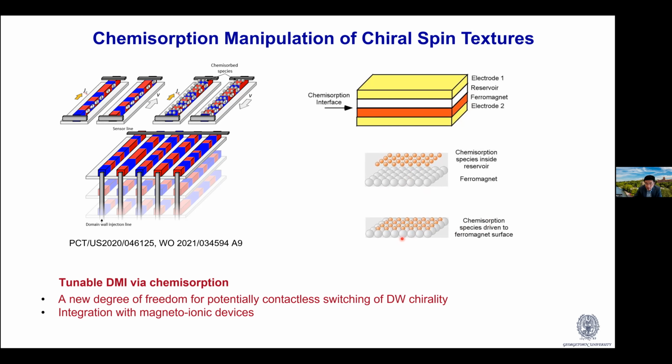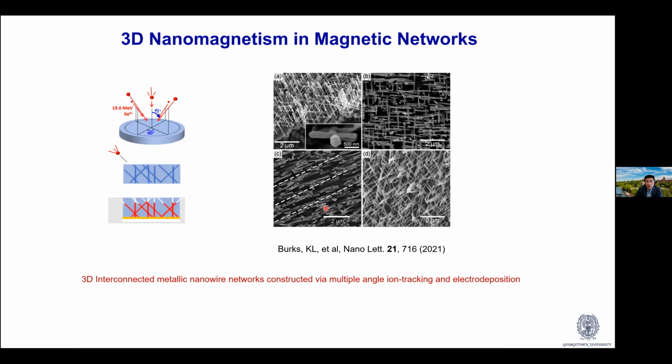And from that angle, we have started to explore some potential prototypes. This is one of our recent attempts at making a 3D interconnected magnetic network. This was done by a process called nuclear ion tracking. We start with a thin polycarbonate membrane and expose it in front of a radioactive source.